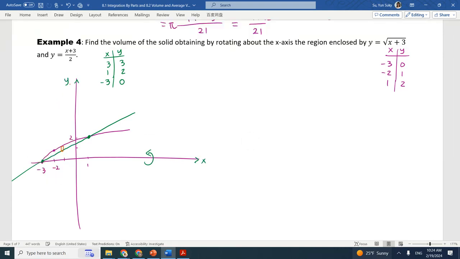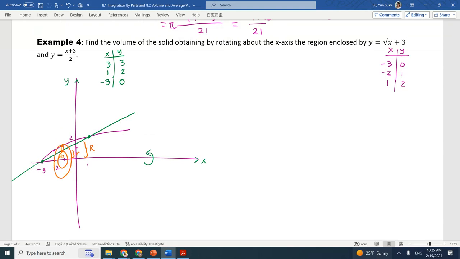So we draw our little rectangle like this, colored vertically. It's a tiny rectangle. Now draw what happens if you rotate about the x-axis. Here we get one circle, here we get a bigger circle. So we have big R and small r.